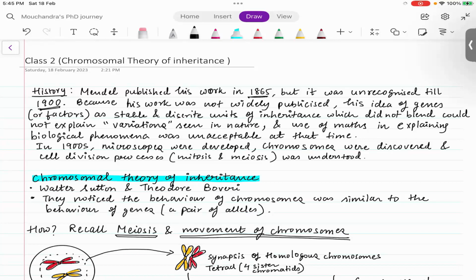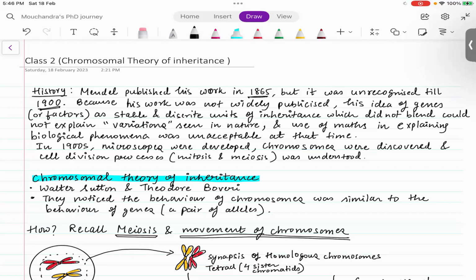But in the 1900s, people started discovering more and more about the cell, the nucleus, and chromosomes. There were high power microscopes available at that time, through which we could see the chromosome structures in the nucleus. While looking at the chromosomes, people understood the concept of meiosis and mitosis, which we have studied in the chapter on the cell cycle.